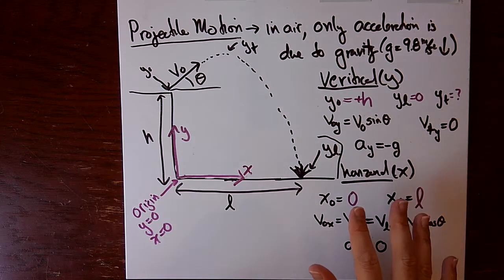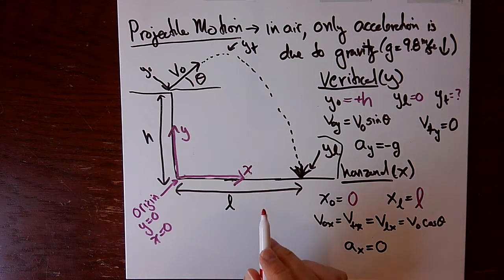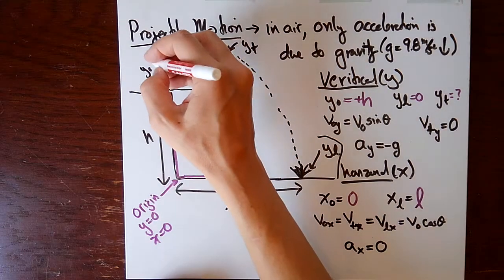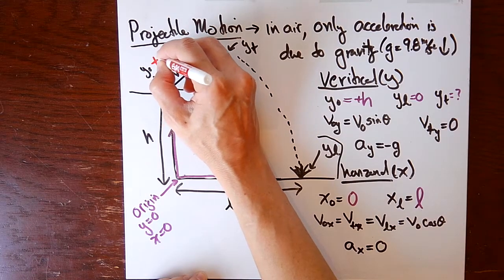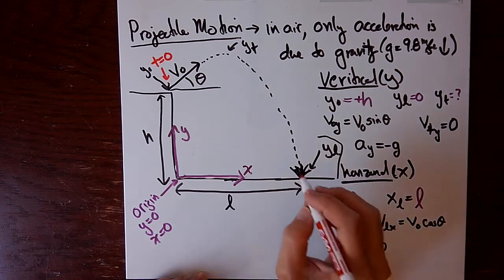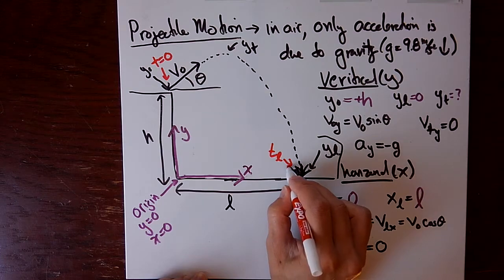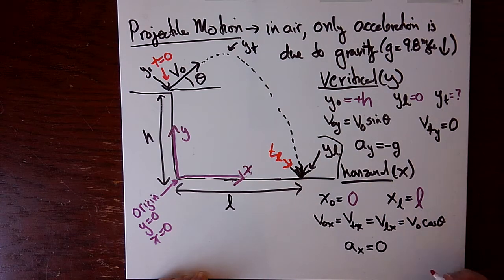All right, so what else can we do here? Well, there's one other thing that we know. We're going to start the clock here, so t will be equal to 0 here, and then this will be however long it takes to get to the landing time. And t will be shared between the two.